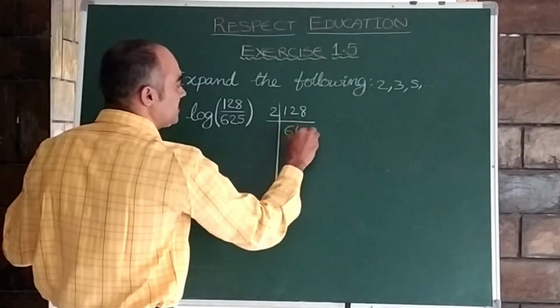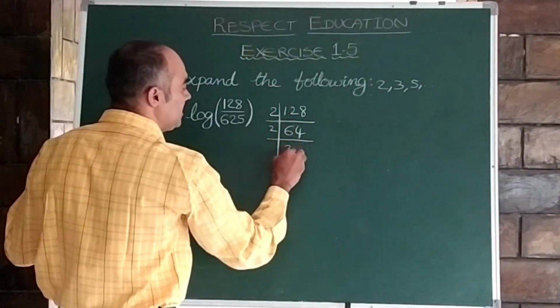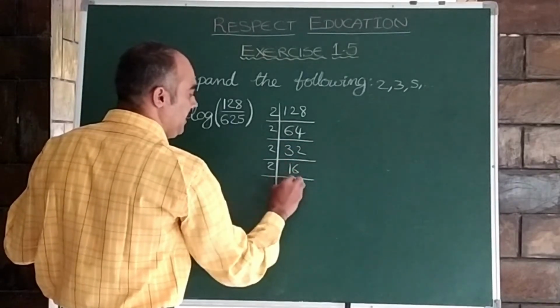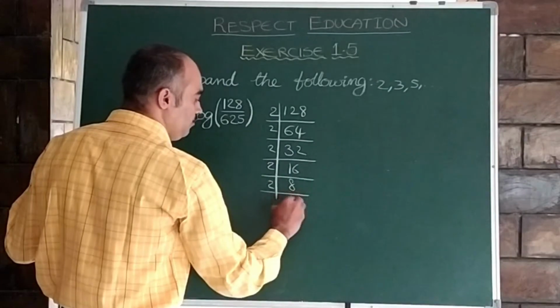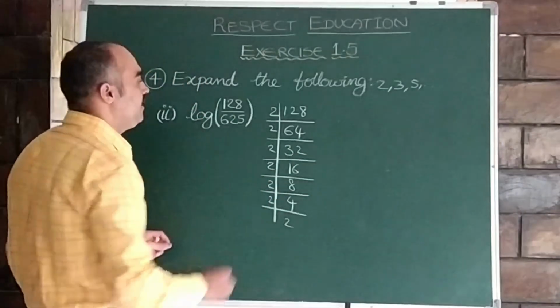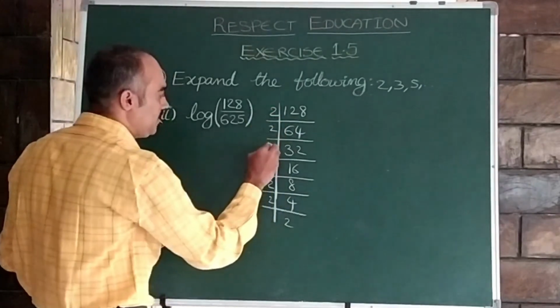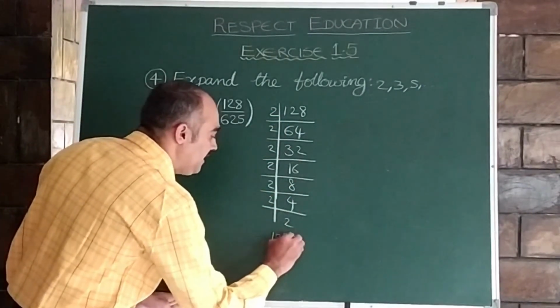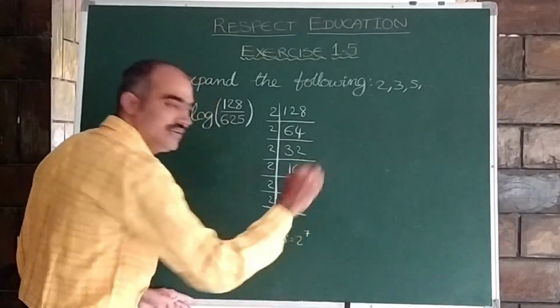So 2 64s, 2 32s, 2 16s, 2 8s, 2 4s, 2 2s, right? Now here let us count 1, 2, 3, 4, 5, 6, 7. So 128 can be written as 2 power 7, right?